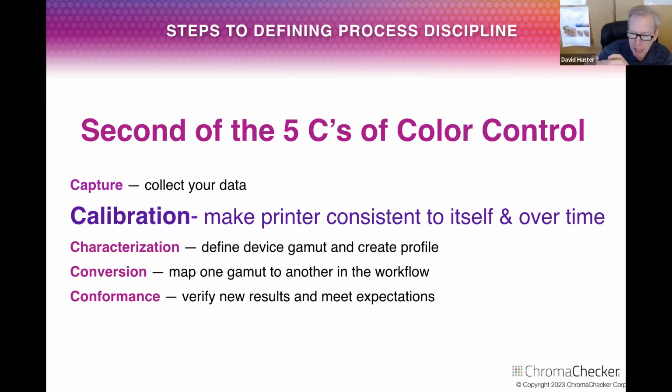Once you understand how each of your devices render color based on the profiles you built for each device, then you do a color conversion, which is the 4th C, to convert the color to your prints. And then the most important C is the conformance C, which is checking your results at every step of the way to make sure the results are meeting your expectations for a color match.